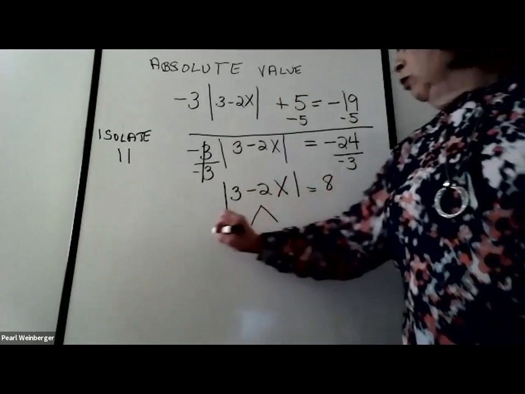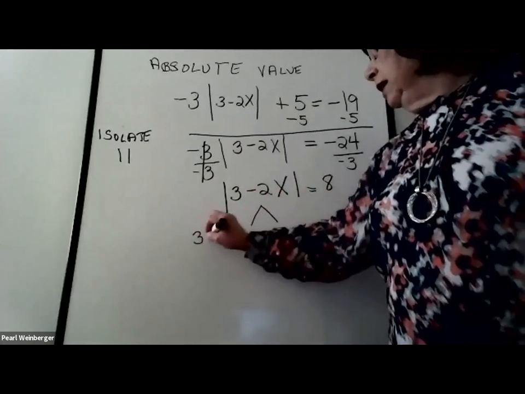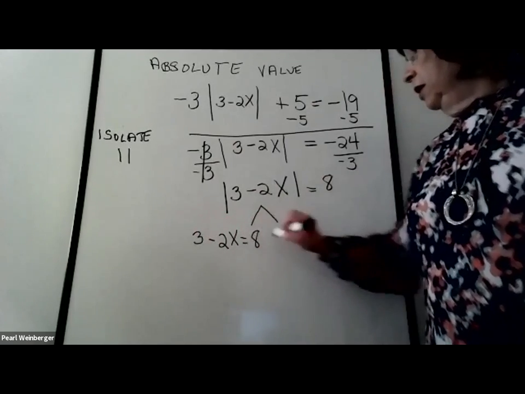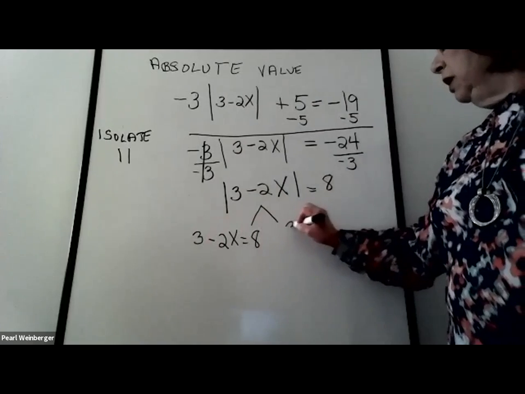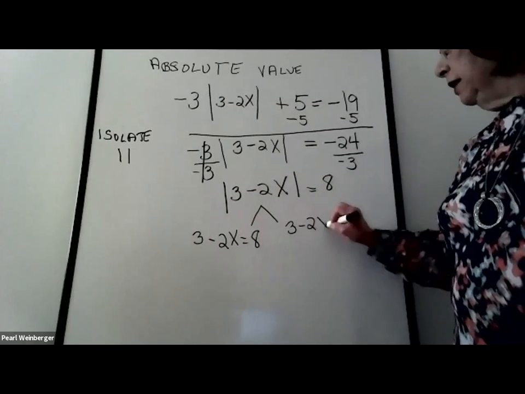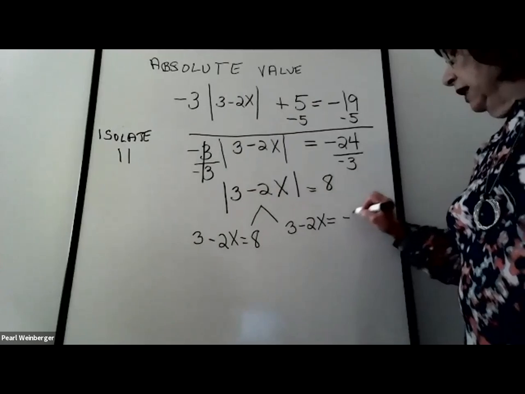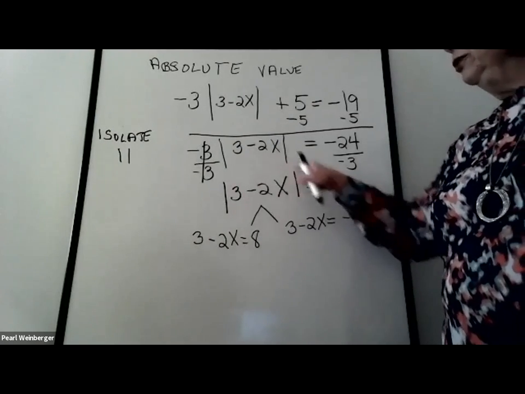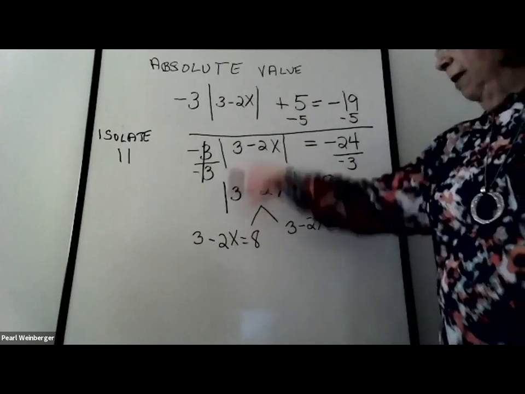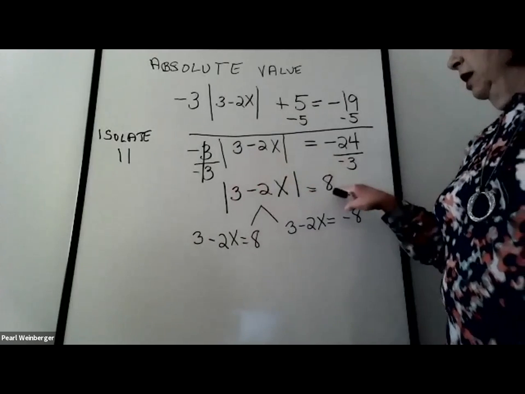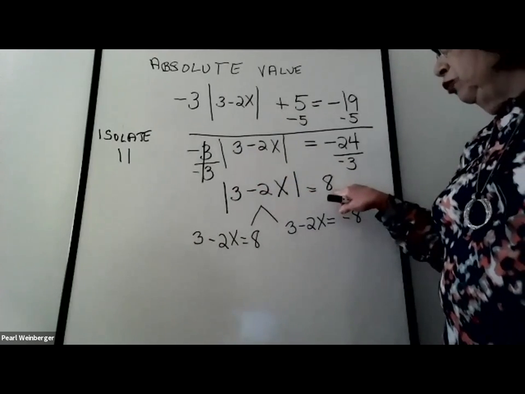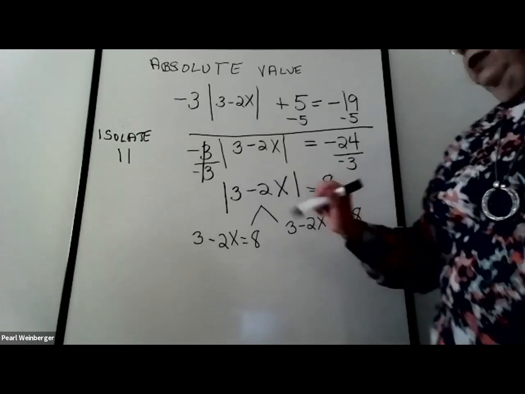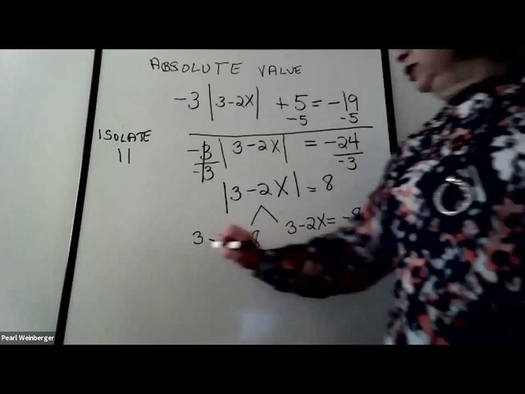We write one equation as 3 minus 2x equals 8, and the other as 3 minus 2x equals -8. In other words, we take the expression inside the absolute value sign, drop the absolute value signs, and set it equal to this number for one equation and to the negative of this number for the second equation. And we solve each of these equations.